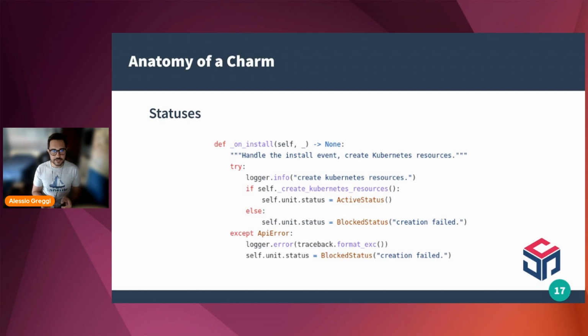As you can see in the example, this is our install function, so the function that we attached to the hook for the install event. And what we are trying to do is to create some Kubernetes resources, knowing that this action can create some error, so the action could fail.